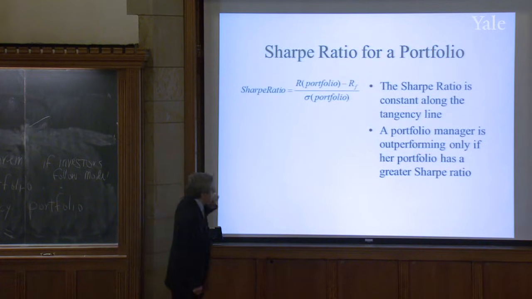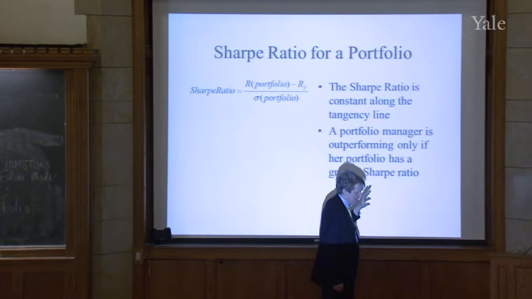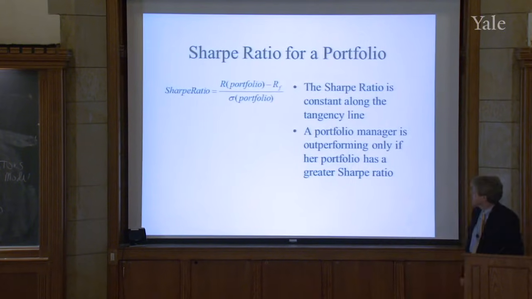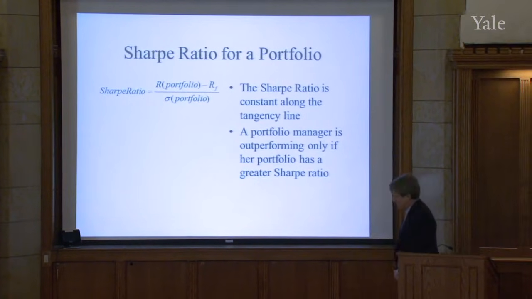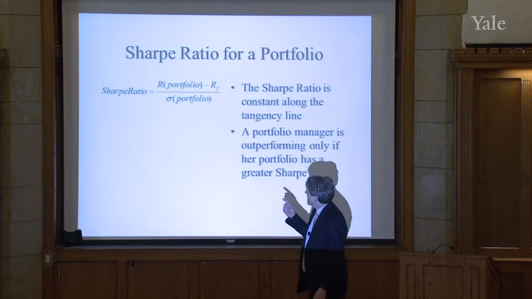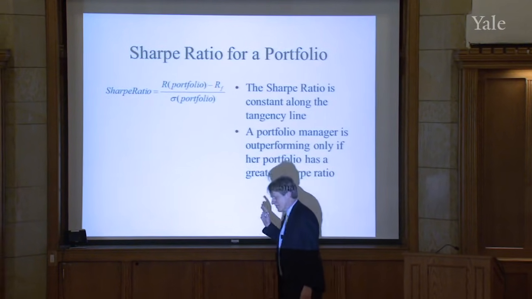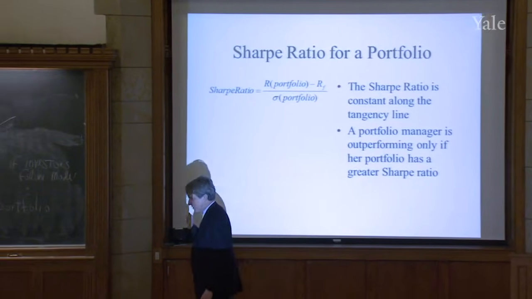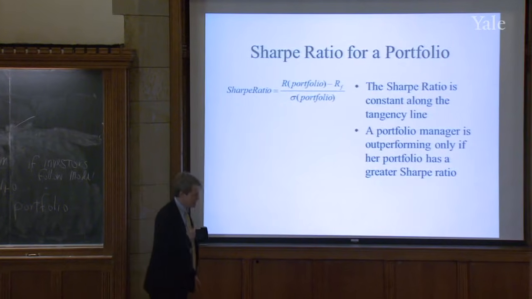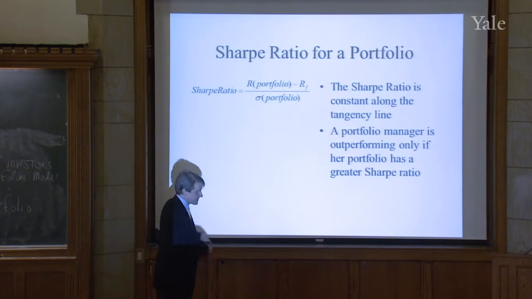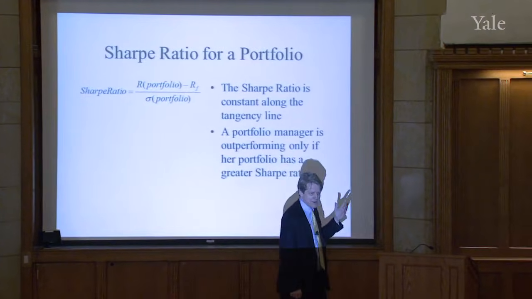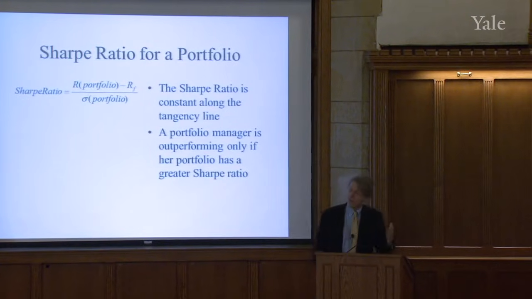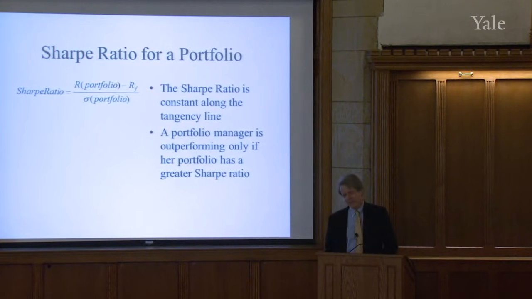And if you take the CAPM model, the Sharpe ratio is constant along the tangency line. This is a way of correcting the average return from some investment for leverage. The idea is some companies used to advertise, we've had a 15% average return, and then investors would say, but wait a minute, you didn't tell me what your leverage is.